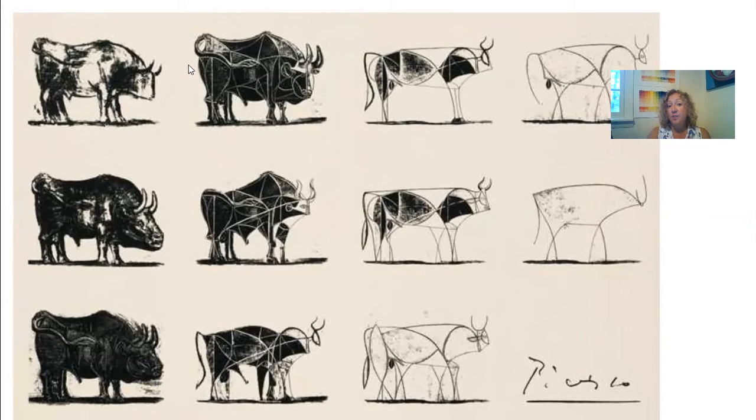And as the images progressed through this series of drawings, you can see how each one of the bulls began to morph into just shapes, just lines, simplifying some aspects, exaggerating other aspects. And so we have a series of these bulls that even end with Picasso's signature himself, that show the evolution of breaking objects such as an animal down to its most simple shapes.